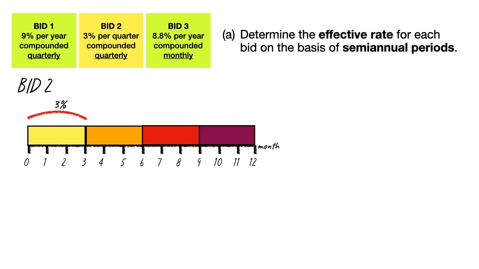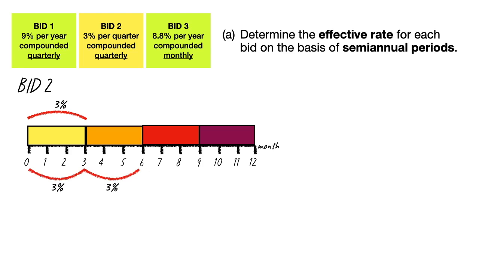Now, we want to find the effective rate on the basis of semi-annual periods. So, of course, the first step is to define the interest rate for each block or each compound period. This one is quite straightforward. We don't have to divide it with anything because you already know 1 block represents 3%. So, 2 blocks is 3% and another 3%.